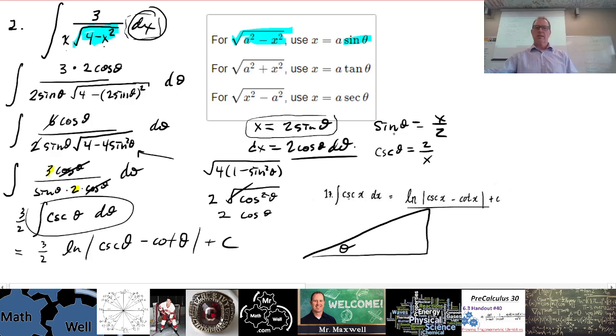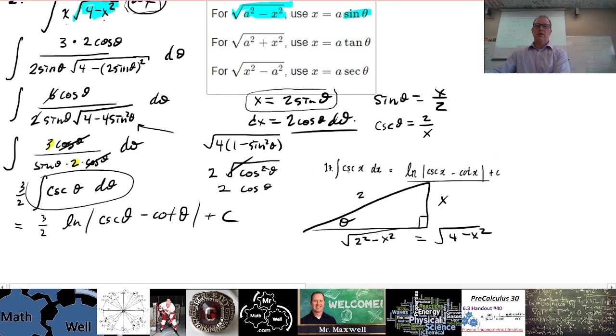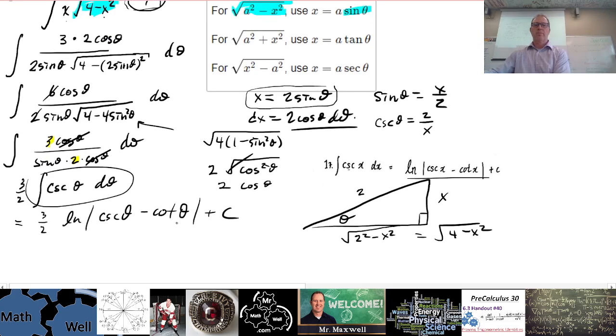So going back to sine theta equals x over 2, remember SOHCAHTOA, with a 90-degree angle, opposite would be x here, and hypotenuse would be 2. And this is going to be the square root of 2 squared minus x squared, or the square root of 4 minus x squared. Oh, nifty. Square root of 4 minus x squared. Have that in the actual question. Okay, so that's going to help us determine cotangent, I guess.